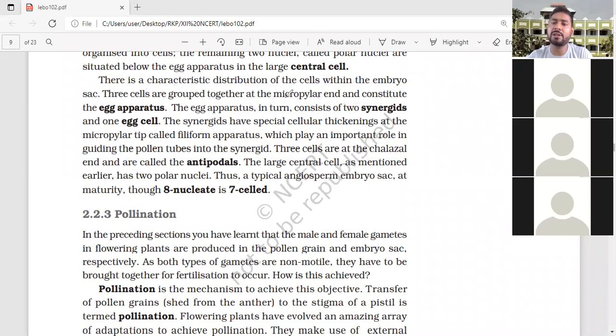The synergids and filiform apparatus are involved in the orientation and guidance of the pollen tube during its entry into the embryo sac.